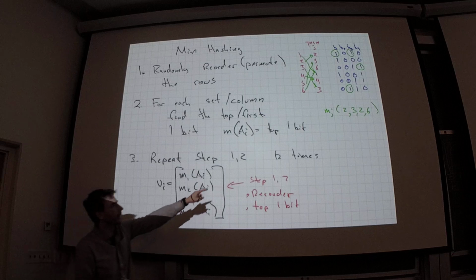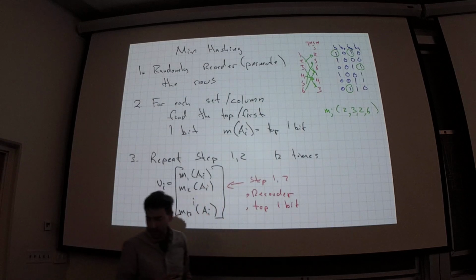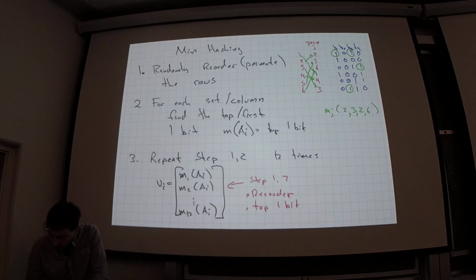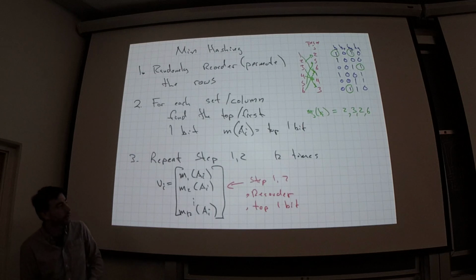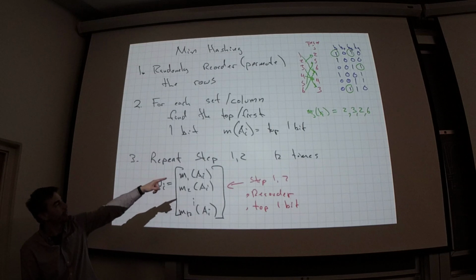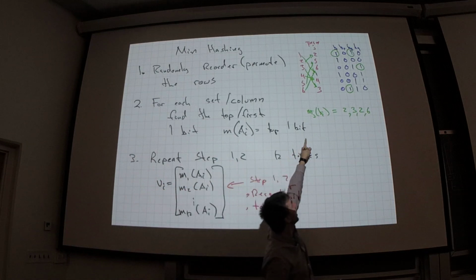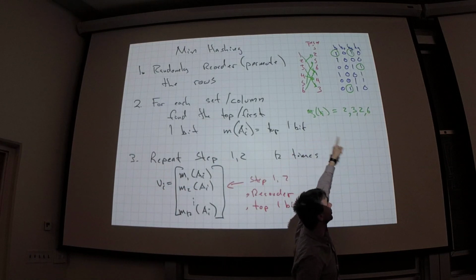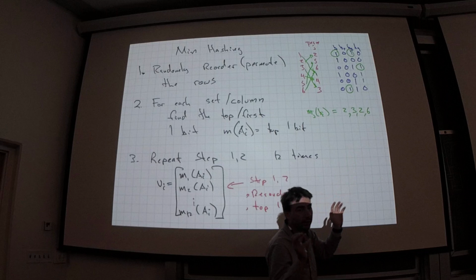Let me write this as mj of bi. So mj of b1 is going to be 2, mj of b2 is going to be 3, mj of b3 is going to be 2, and so forth.